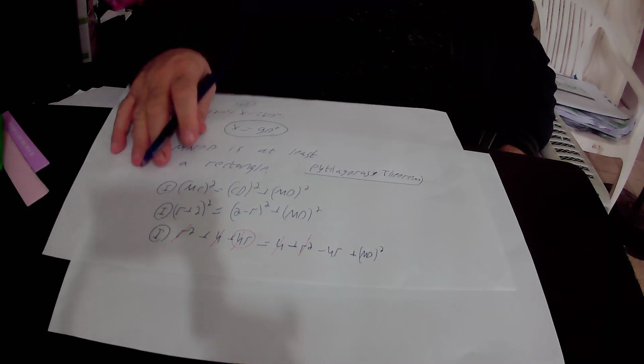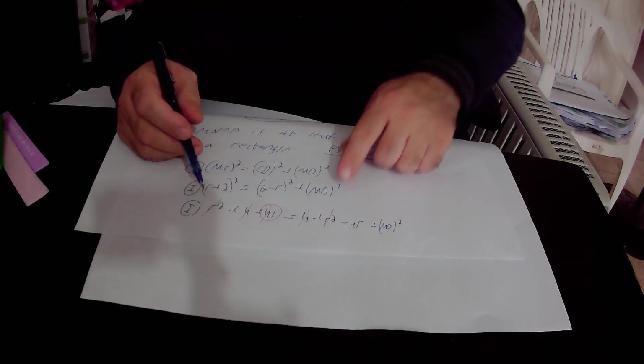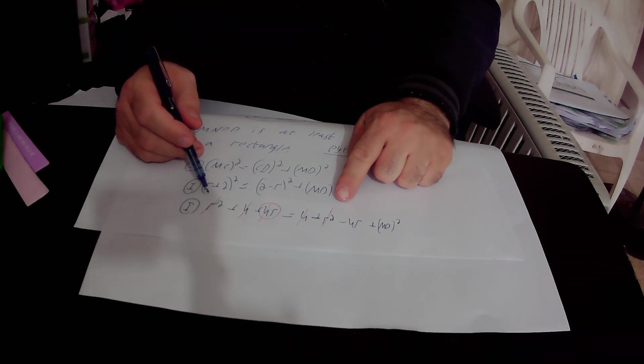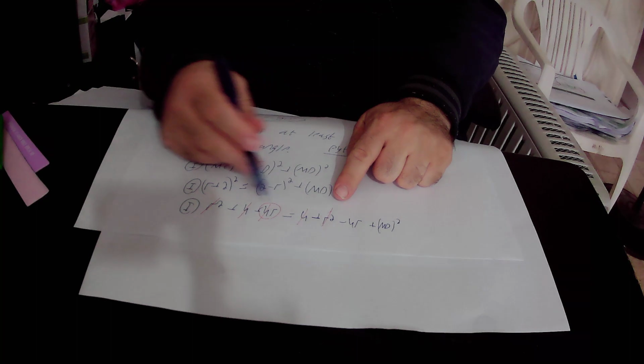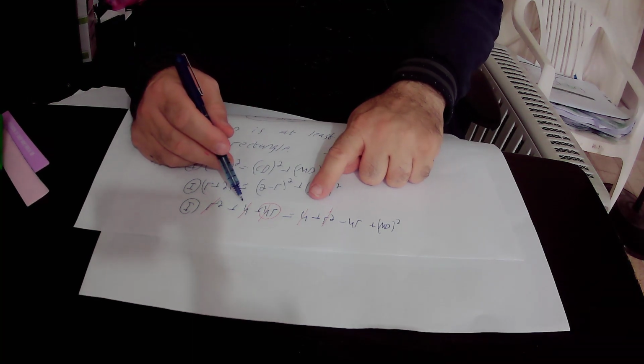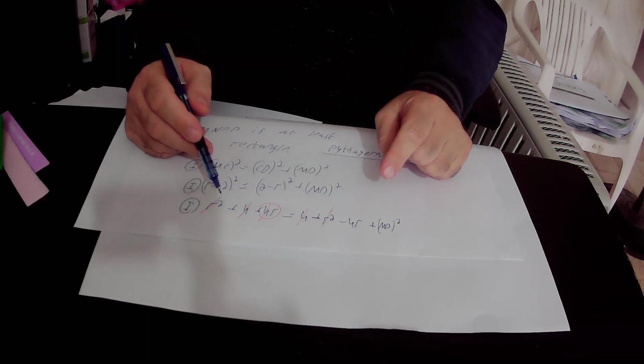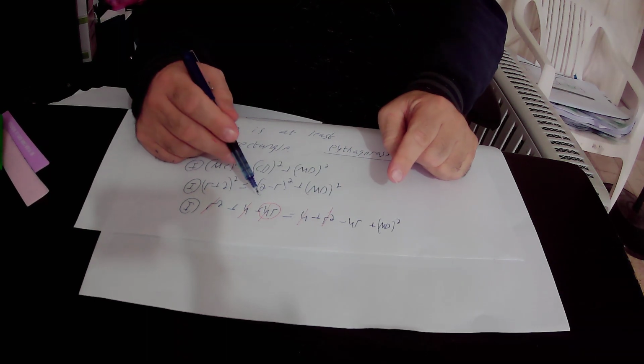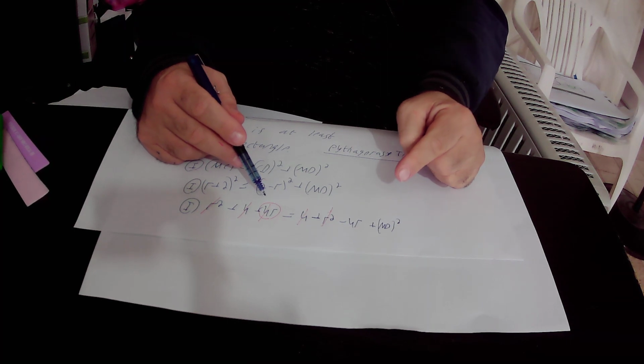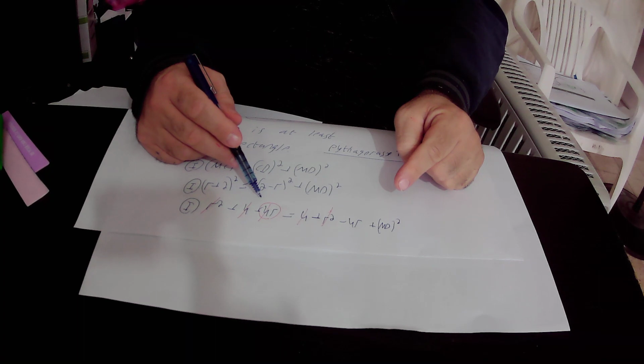Here we have R squared on both sides of the equation, so R squared will get cancelled, and we also have 4 on both sides of equation number 1, so 4 will get cancelled. In total we get that 4R equals minus 4R plus MD squared.